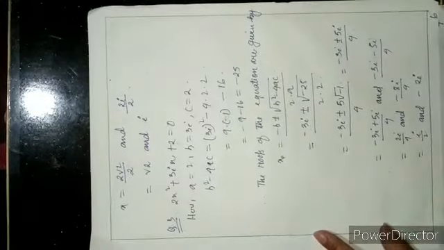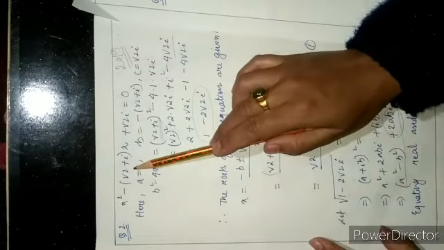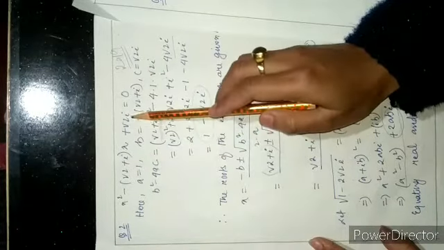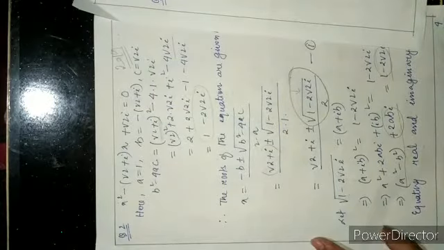And these are the roots of the given quadratic equation. The given quadratic equation is x square minus root 2ix plus root 2i. This type of quadratic equation can come for 6 marks or 4 marks.